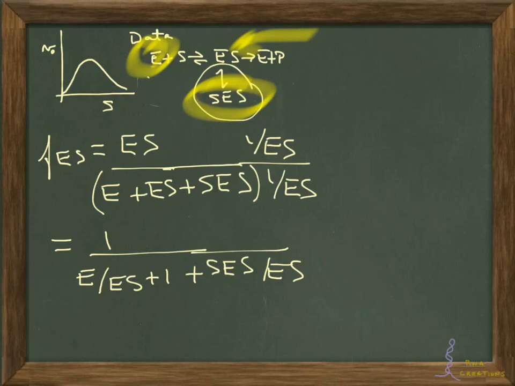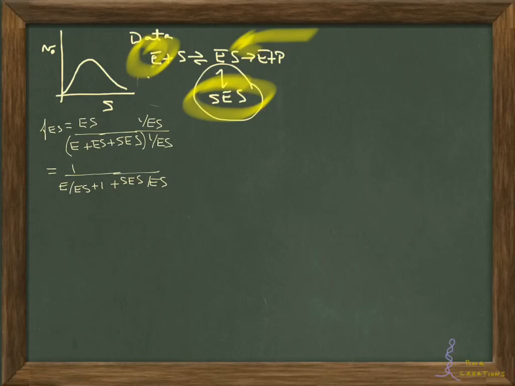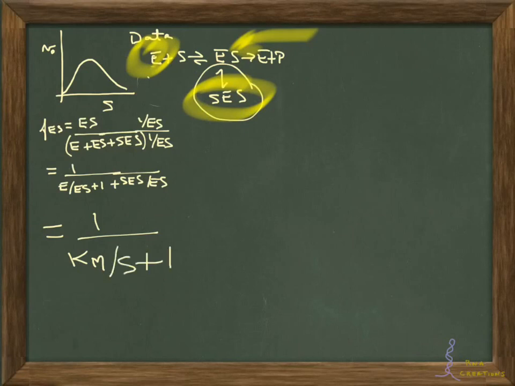And then I can reduce this down to 1 over Km over S plus 1 plus, now I need some way to relate SES and ES, and so one can always write down equilibrium constants for any step that you want to isolate.